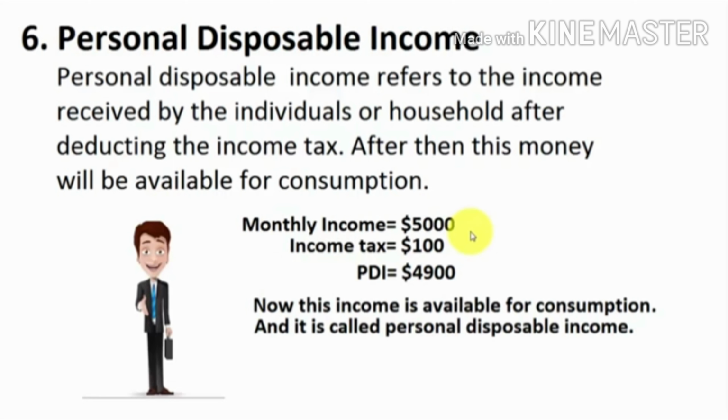But he also pays income tax of $100. So after deducting the income tax, the personal disposable income remains $4,900. Now this money is available for consumption purposes, and this person has $4,900 personal disposable income, and he can buy anything from this money.